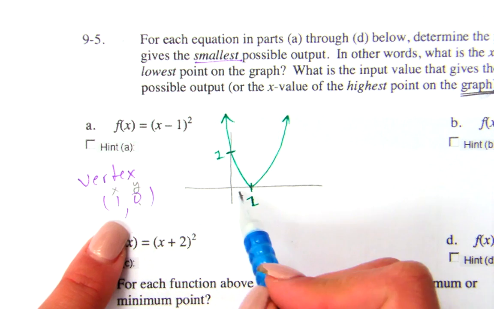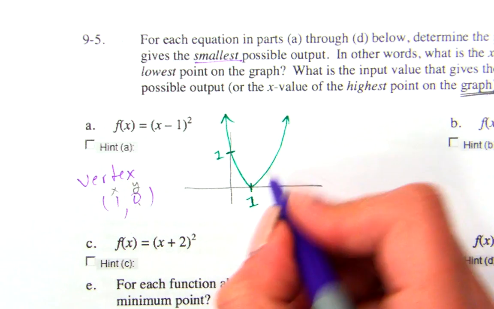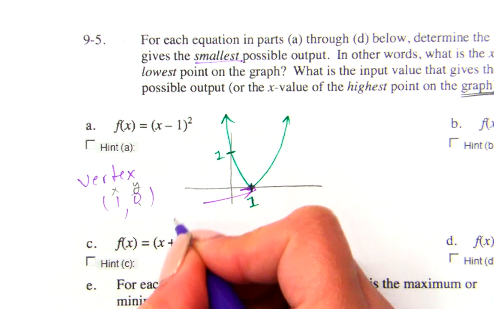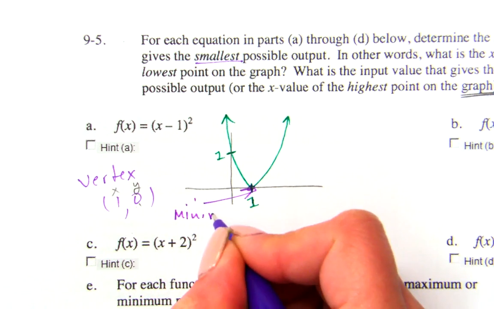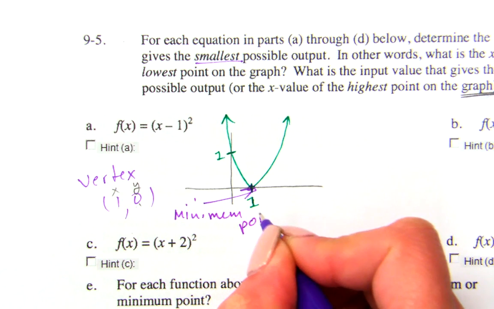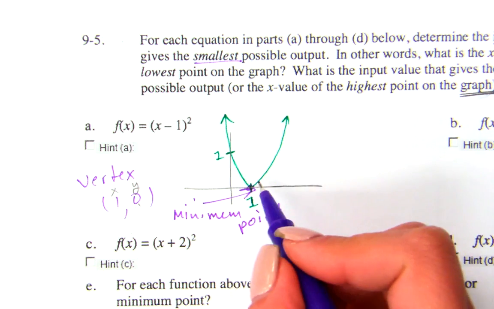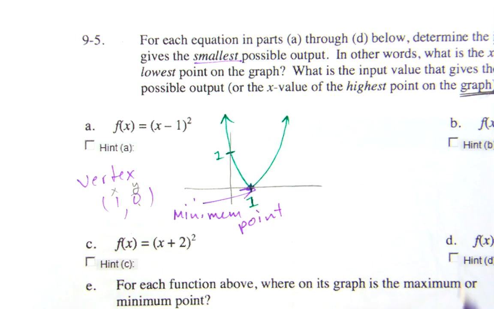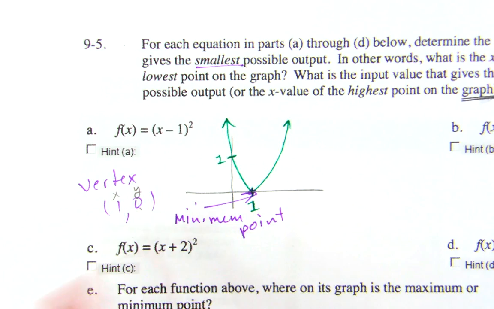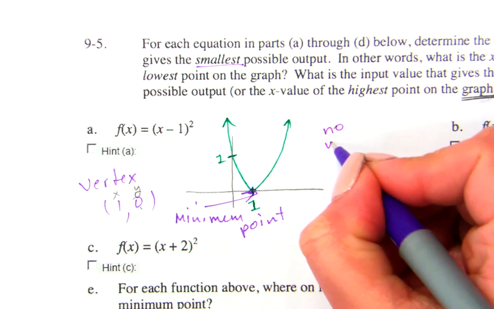So the vertex in this parabola is the minimum point right here. If it has a minimum point, that means it's never going to have a maximum because it keeps on going up. So minimum point means no maximum.